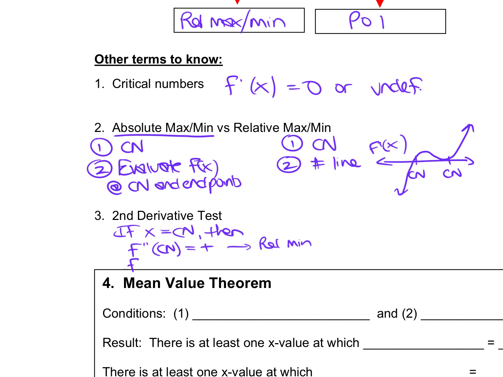If f double prime at the critical number was a negative number, that told us our original was concave down, and therefore we had a relative max.